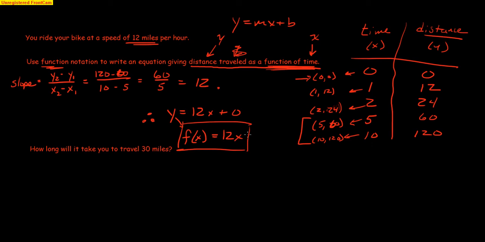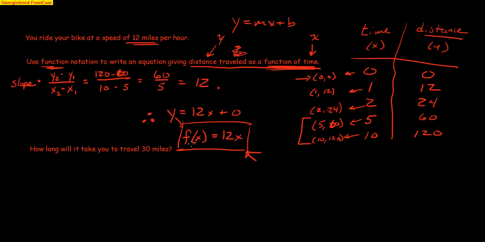Now what this does for me is it allows me to use f of x equals 12x, and I can figure out how long it will take me to travel 30 miles. Going back up here, 30 miles is my y. So when I plug it in, I don't plug it in for x because that's my time.